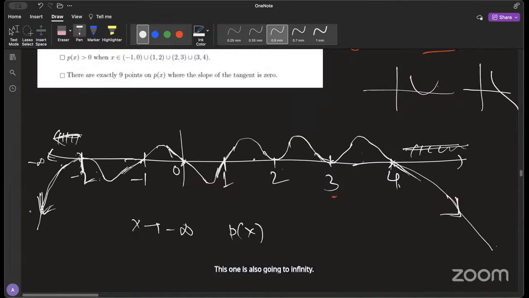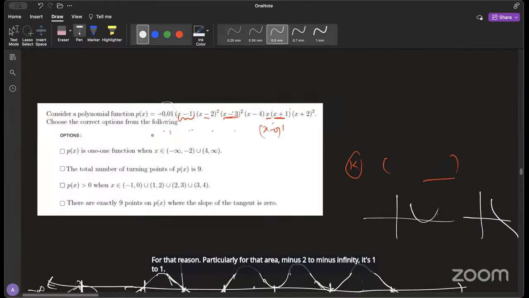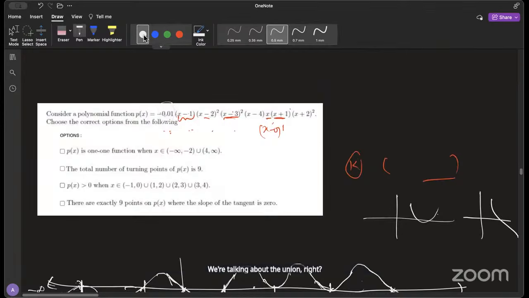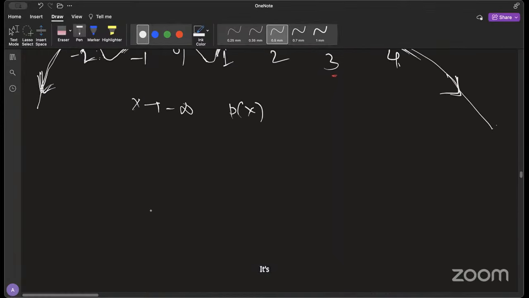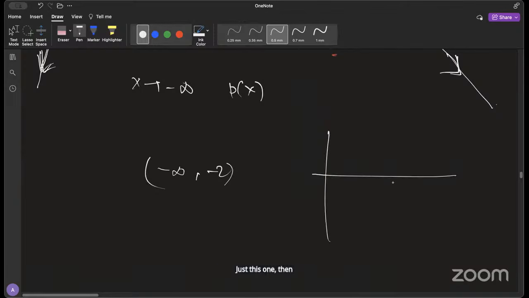Particularly for that area, -2 to minus infinity, it's 1-1. We're talking about the union, right? Yes, you're right. If you take minus infinity to minus 2, just this one, then your graph is like this, right?